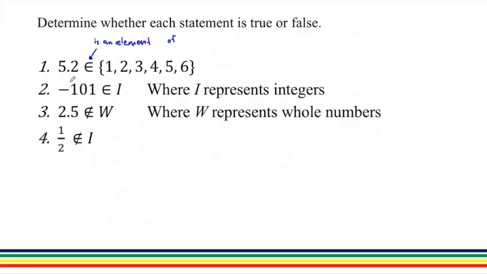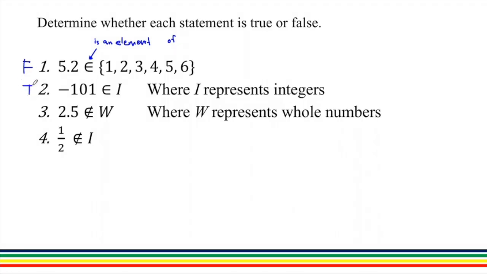This symbol here means "is an element of." So is 5.2 present in this set? No. Therefore, this item is false because 5.2 is not an element of the set. Now, number 2, negative 101 is an element of the integers. So is negative 101 considered an integer? Yes. So number 2 is true.